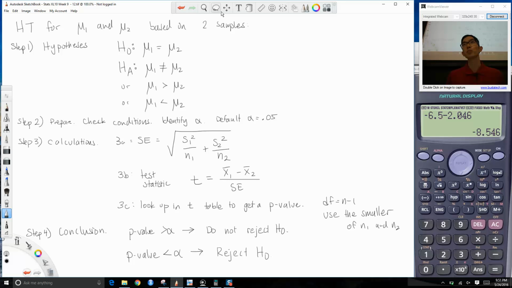It's not so bad, right? You've seen hypothesis testing a bunch of times by now, and so this follows the exact same thing. The only thing that has changed here is this standard error, okay? And then you're going to use x bar 1 and x bar 2, and you're going to do this, but everything else works the same. I almost feel like we don't even have to do an example, and you guys will be fine, right? Huh? Yeah, you guys just want to get out of here, right?